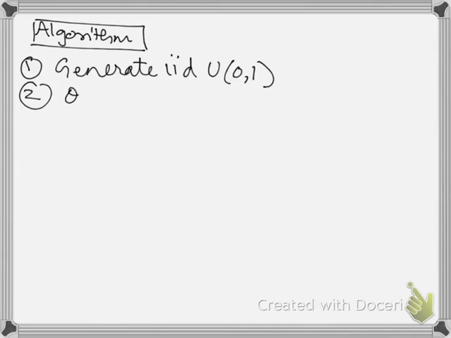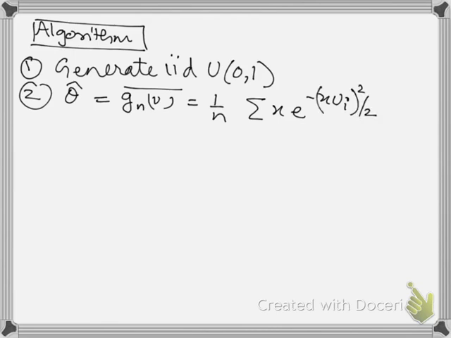Second step, theta hat is the mean, 1 over n sum of x e to the power minus (x u_i) whole square over 2, and of course the 1 over square root of 2 pi, when you're looking at the phi or left tail area.